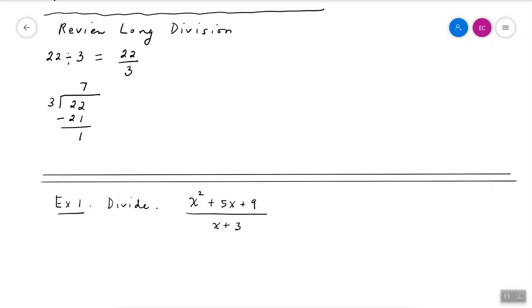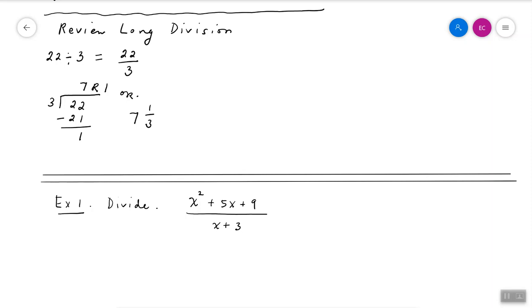And so the first way you ever learned to write this answer was to write 7 remainder 1. And then you learned that you could also write the answer as a mixed number, 7 and 1/3.